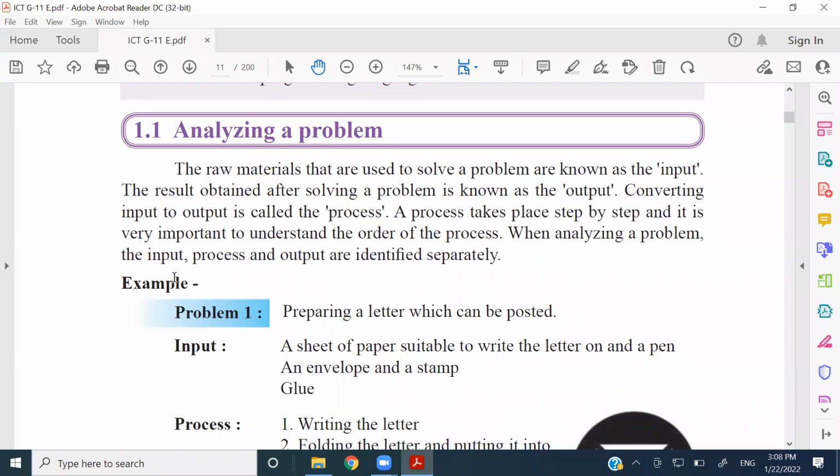You can write it under like this, point by point. So you can write the highlighted part.